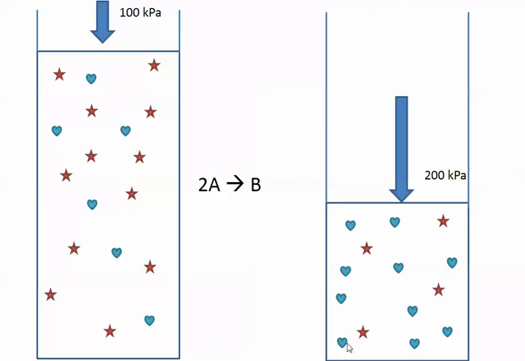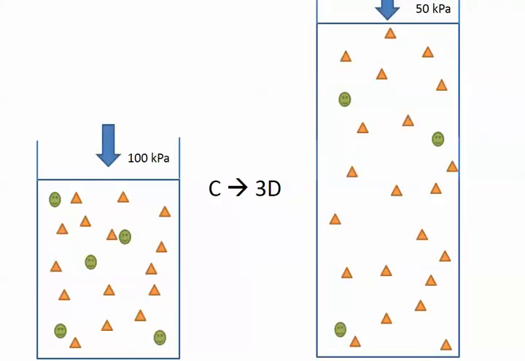If we compare this to the last reaction, the stars would be like the nitrogen and the hydrogens. The hearts would be the ammonia. Here we are doing the opposite. We're increasing the volume, which results in a decrease in pressure.